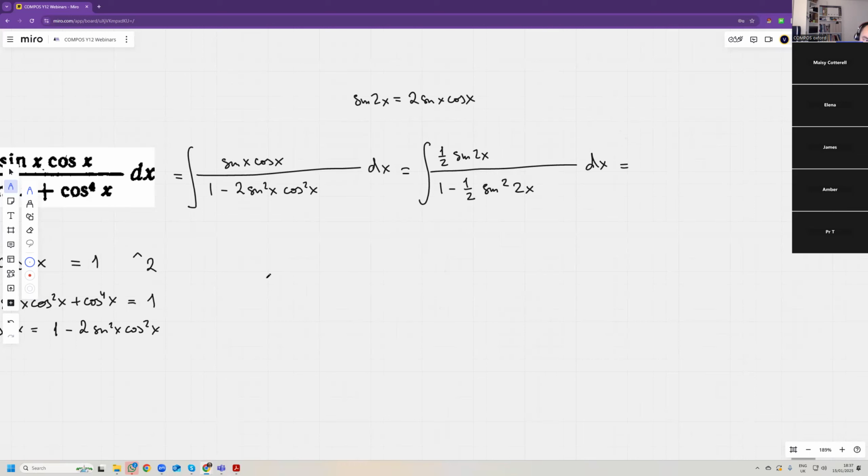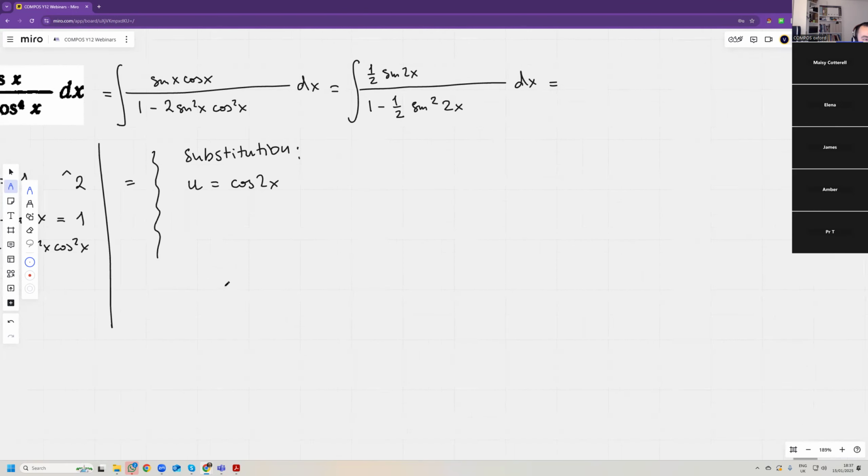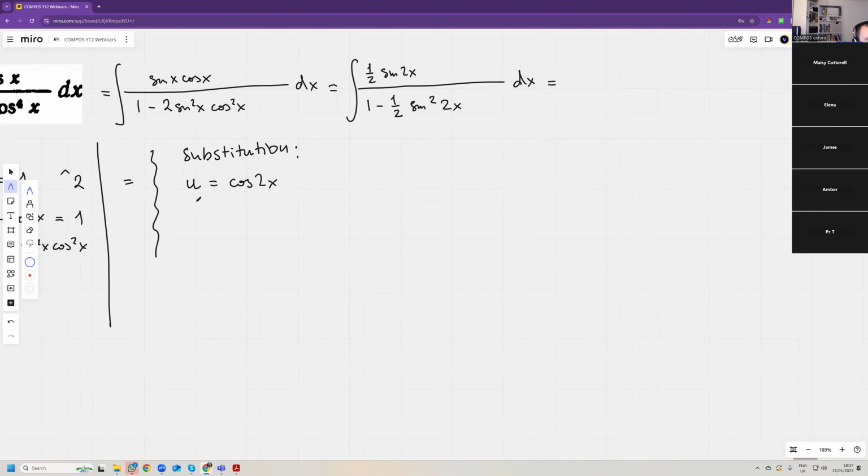And right here, don't ask why, but I think we need to do a substitution. So substitution. And the substitution is u equals cos 2x. You'll see why in a minute.